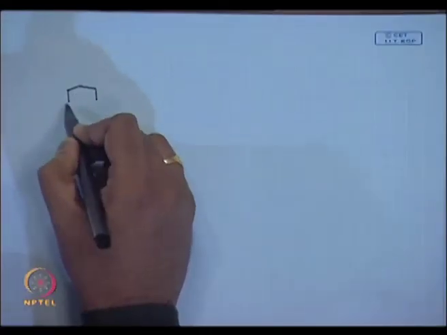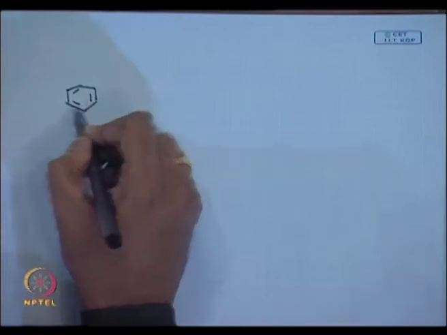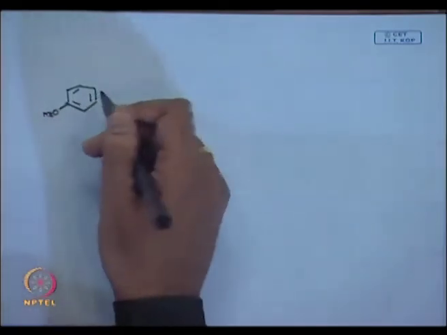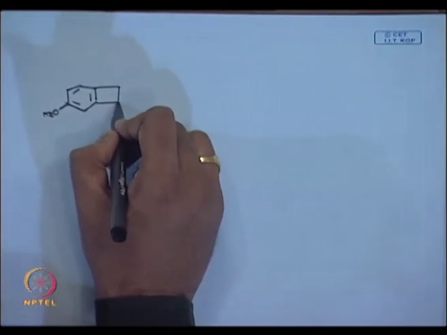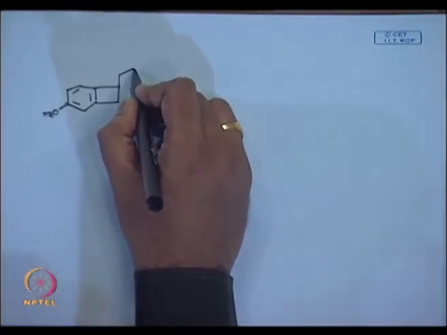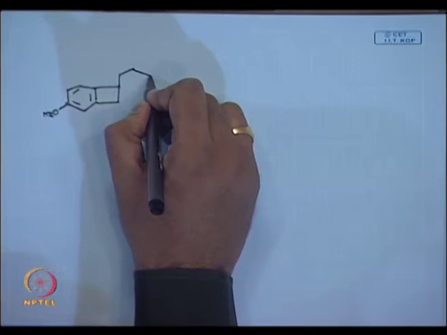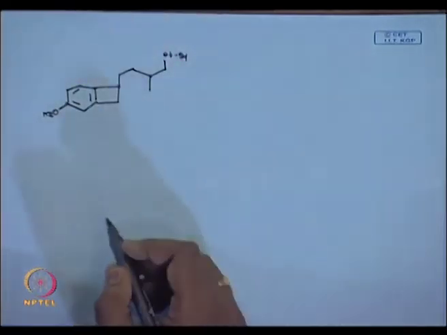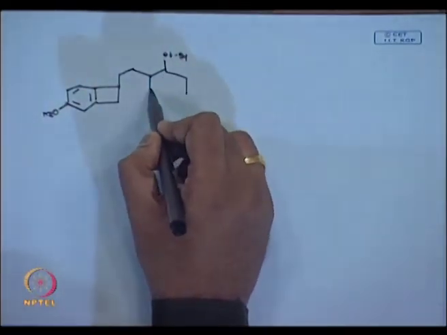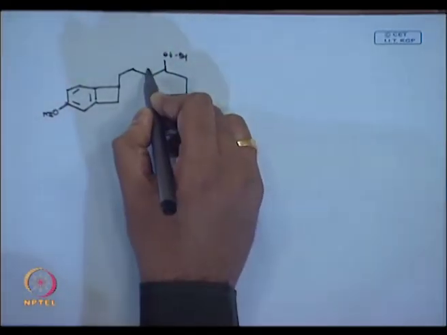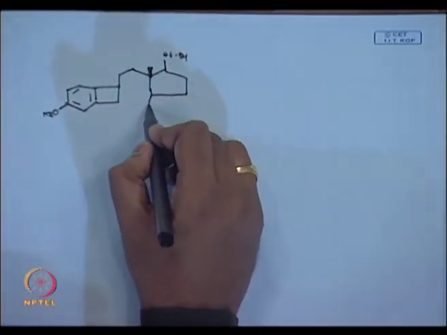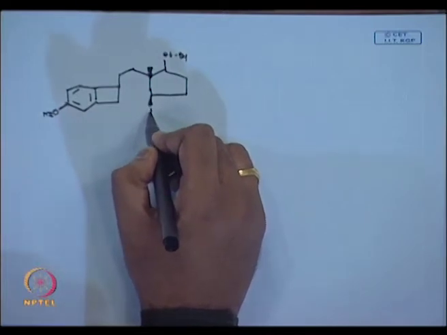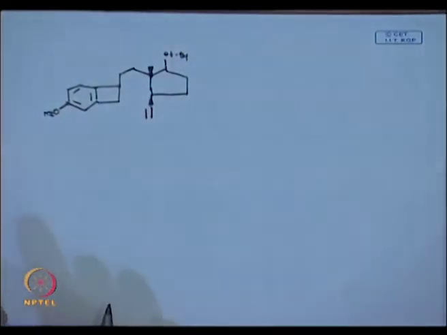So if we can take this step, for example, this particular molecule, OMe, tertiary butyl. This is what we are going to study, these electrocyclic reactions, after Diels-Alder reactions, after cycloadditions.